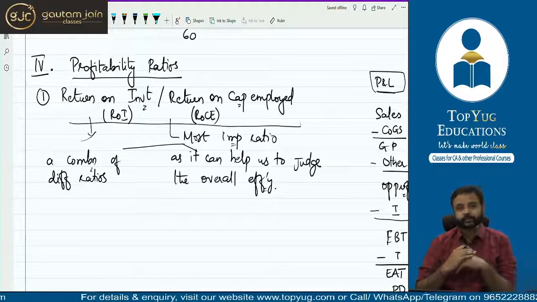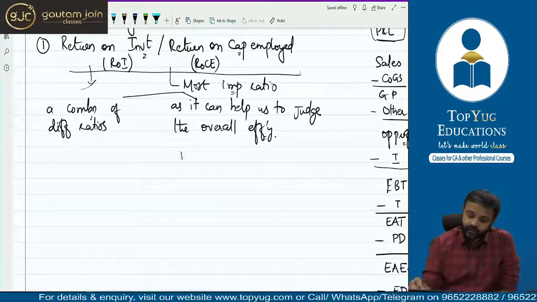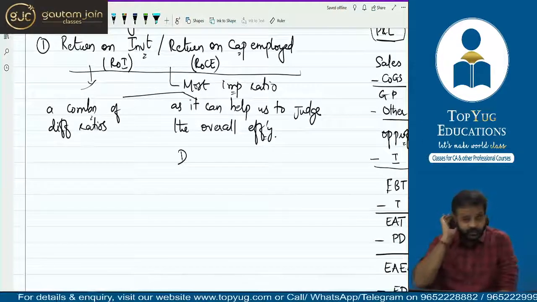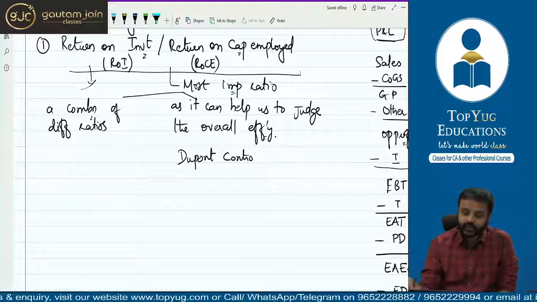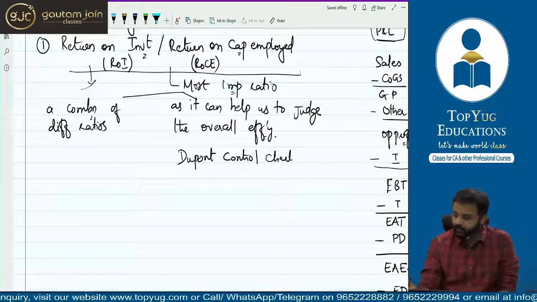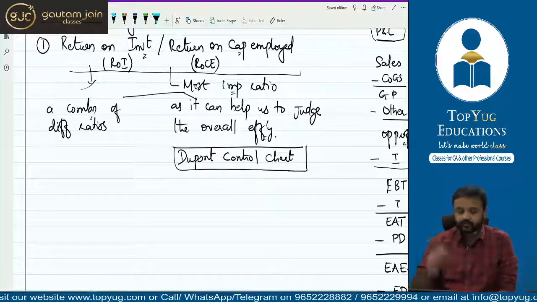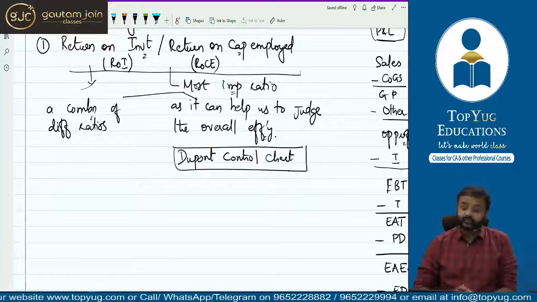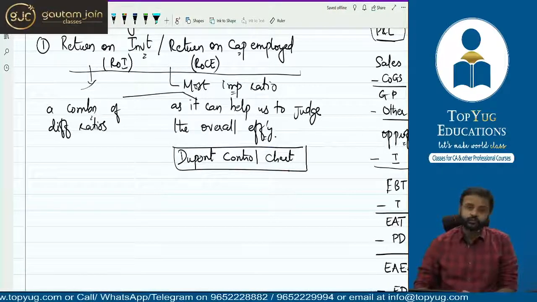How will that happen, or how will we prove this? I am saying that we will take the help of the DuPont control chart, later, not now, and I will prove this. With the help of that, you will understand that this return on investment is a combination of various ratios, and it will help us to judge the overall efficiency.